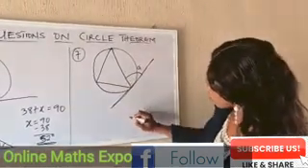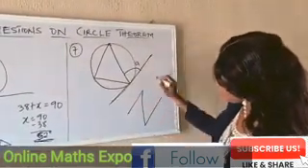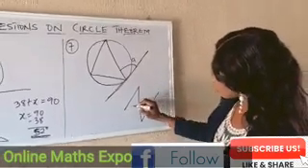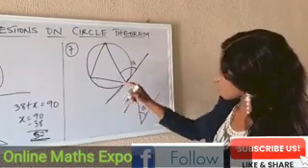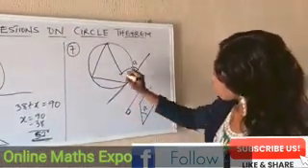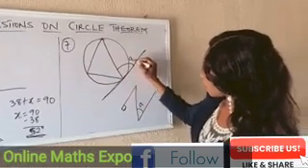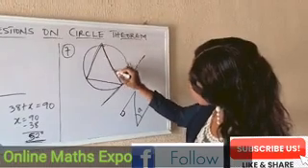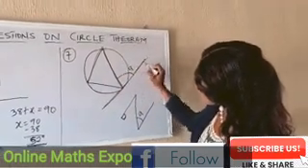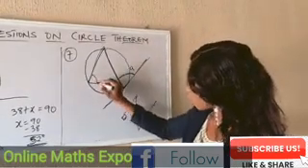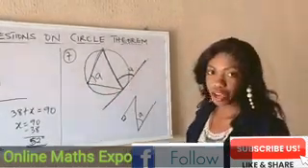So this angle is the same as the angle in the alternate segment, the angle you form here. So in this theorem, this angle A is equal to the angle that is formed here. I hope you are following.